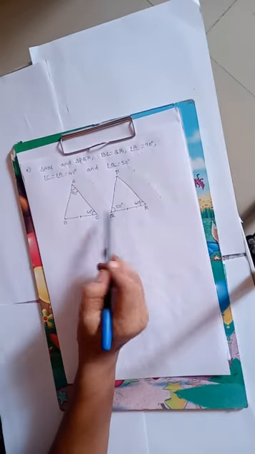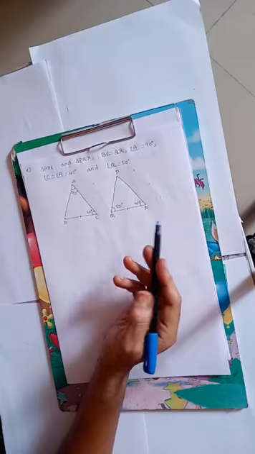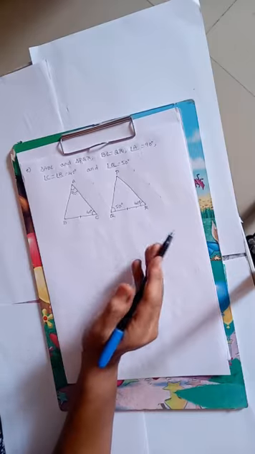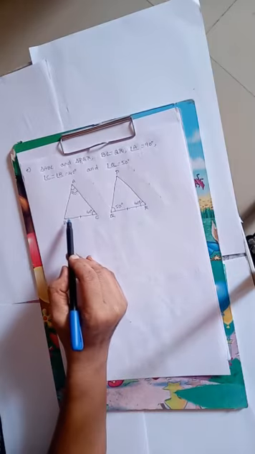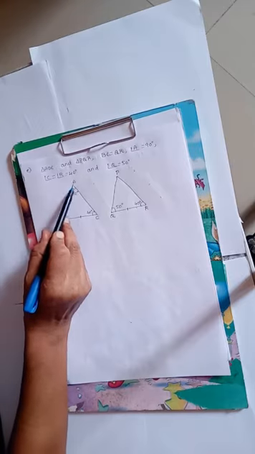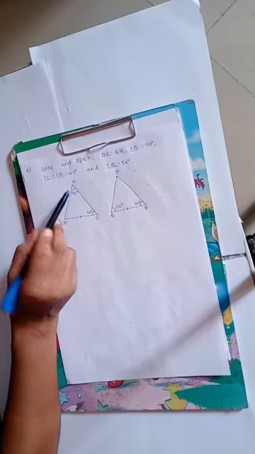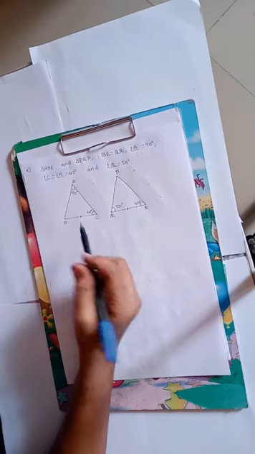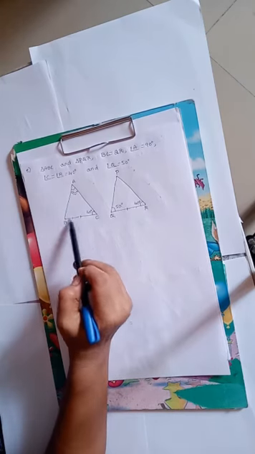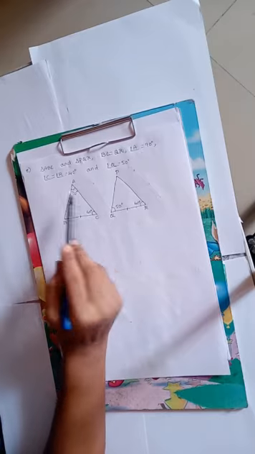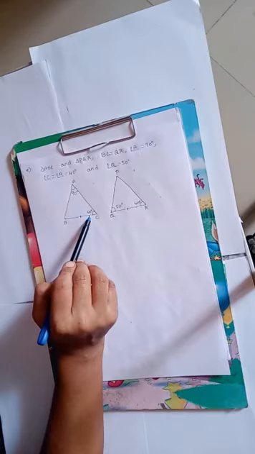Here only the 2 elements are there, means here one more element is required here. See how you are going to find out that one more element means, check in the triangle ABC. The sum of these two angles, according to the angle sum property, what is the sum of all the 3 angles of a triangle is equals to? It is equals to 180 degree. Now sum of these two angles is equals to what?